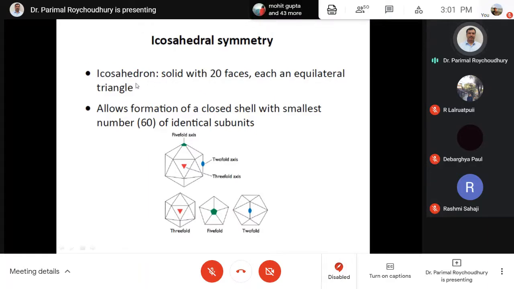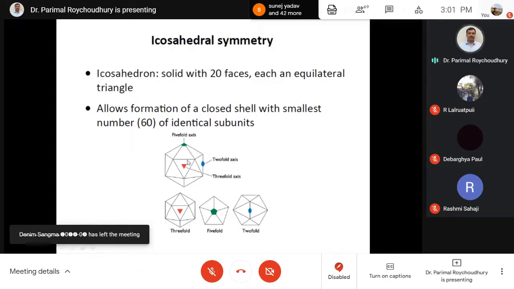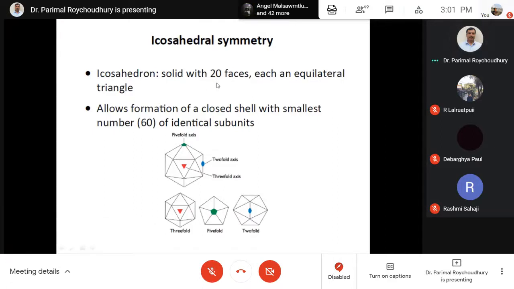Now, when we call it an icosahedron, it is a geometric configuration which has 20 faces of equilateral triangles, 30 edges and 12 vertices.